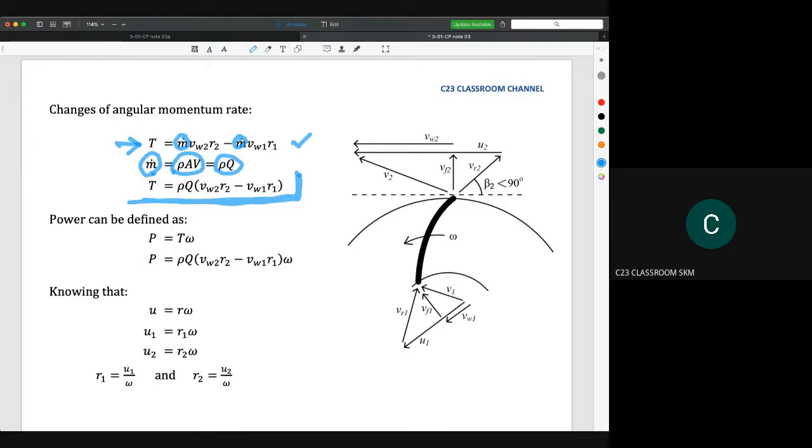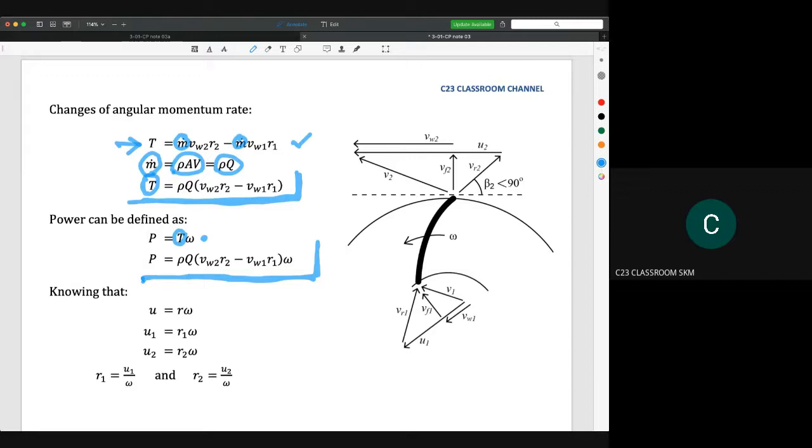Power can be defined as torque times omega, the rotational speed. We substitute the value of T here, so we could write the power like this.